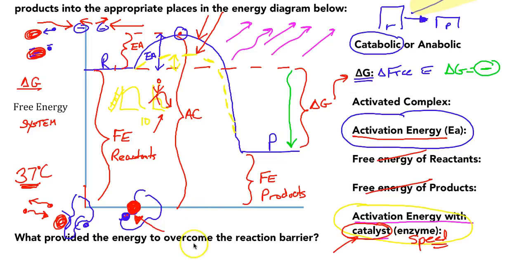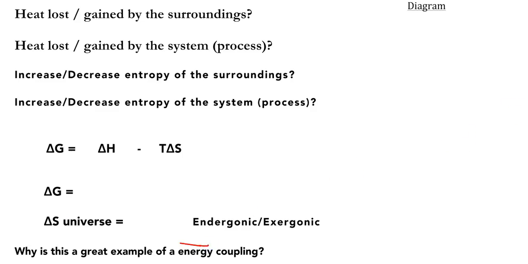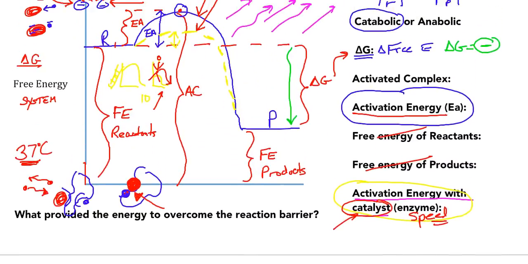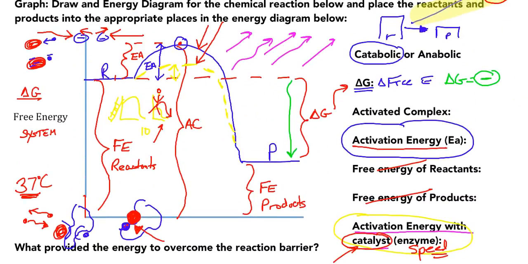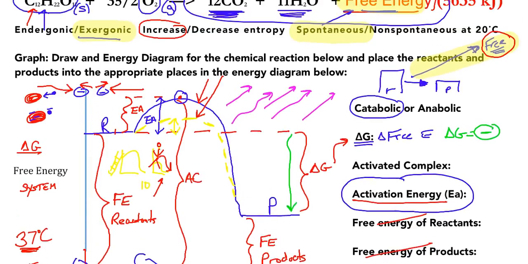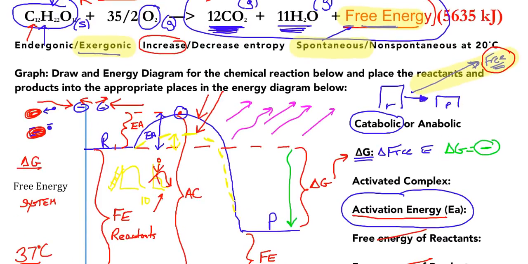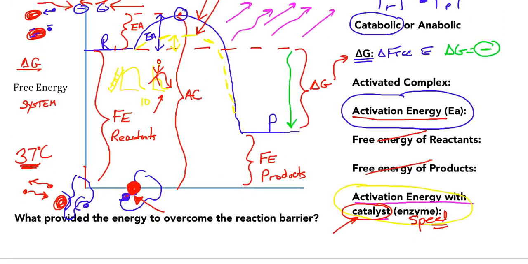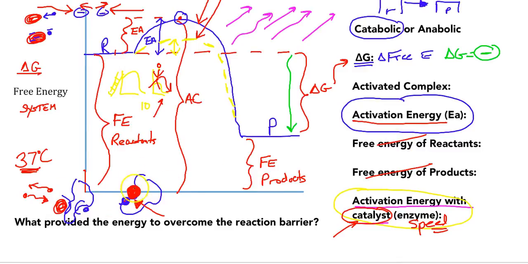So what provided the energy to overcome the reaction? Oop, let's go back. What provided the energy to overcome the reaction barrier? Okay, well, in this reaction, it was the spark, right? No, in this reaction, I'm sorry, this is the disaccharide. Probably it was the heat of the solution, right? Don't forget, the solution was pretty hot.